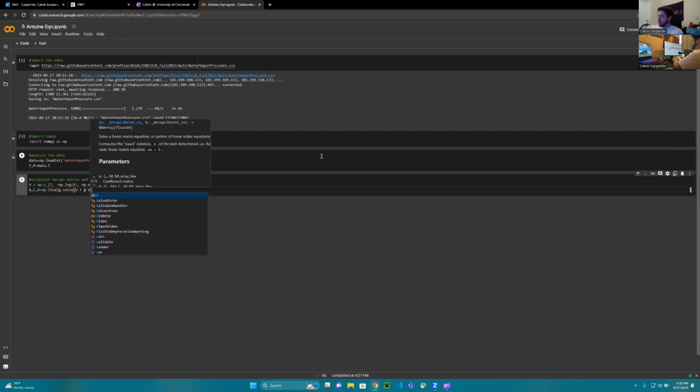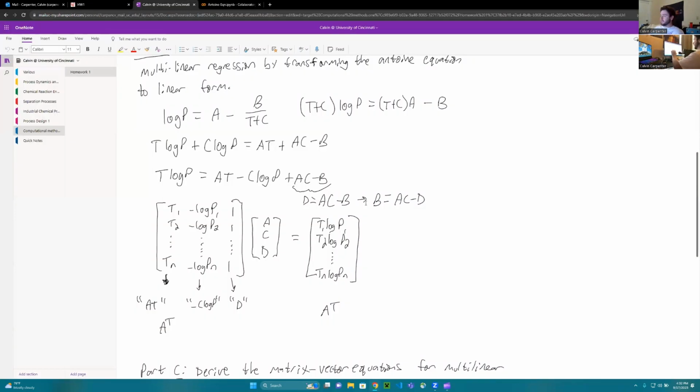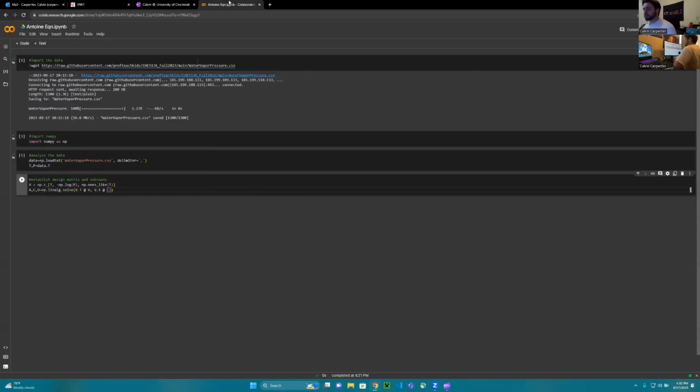So we're going to do the transpose times itself, and then the transpose of V with the dot product of our vector on the other side. So that's going to be our T log P.